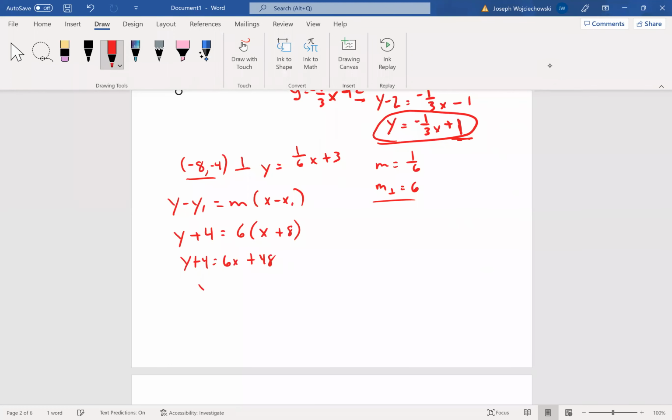Subtract 4, y equals 6x plus 44. We made a mistake, didn't we? Negative. Don't forget the negative.